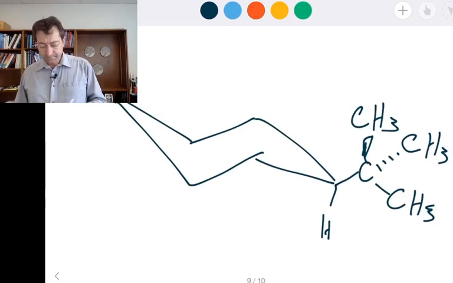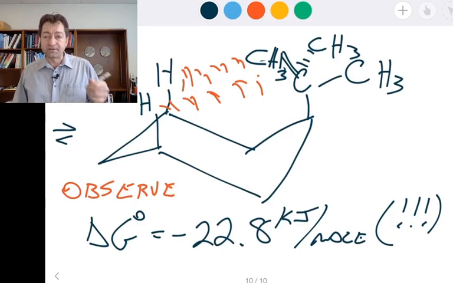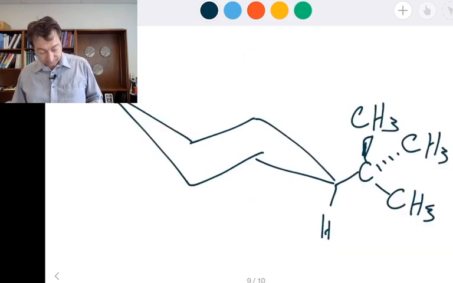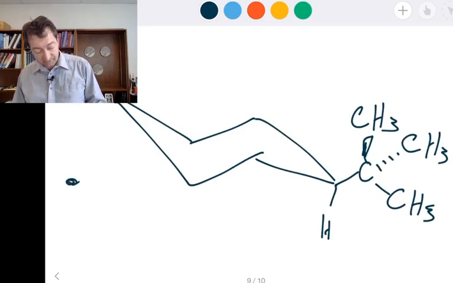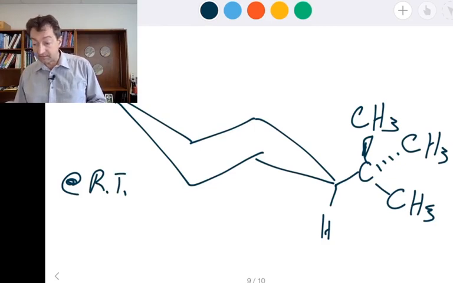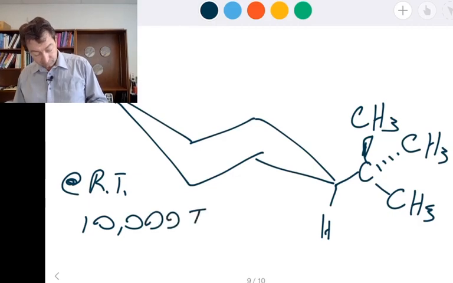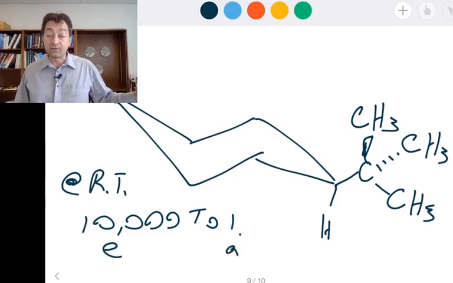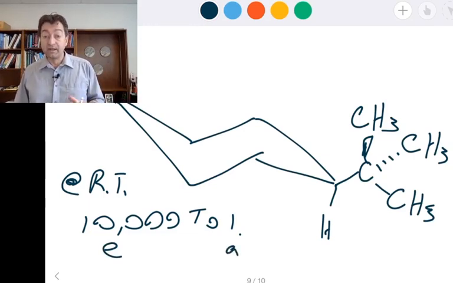And so you might say, well, what's the big difference? Like, what's the deal? What's the big deal about this? What influence does that have? This means that at room temperature, the ratio of equatorial to axial is about 10,000 to 1. So about 10,000 in the equatorial to 1 in the axial conformation.